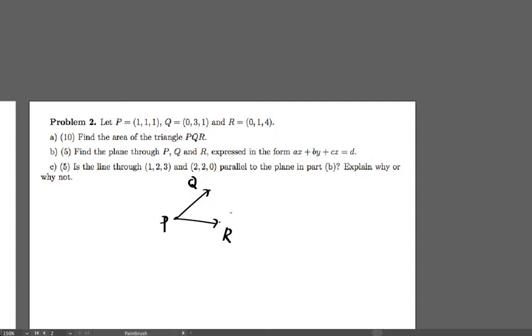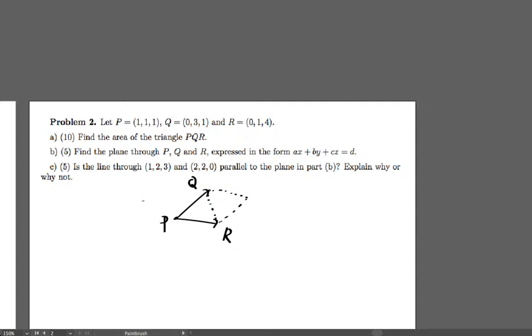And what we can do is to draw a parallelogram. All we need to do is to figure out the area of this parallelogram, and then we divide it by 2, because this thing is two of the same areas. But if we take the cross product from my sketch here, the result is negative.